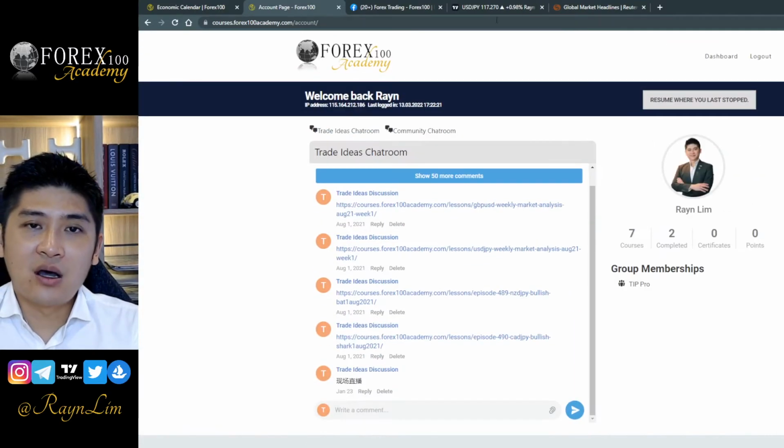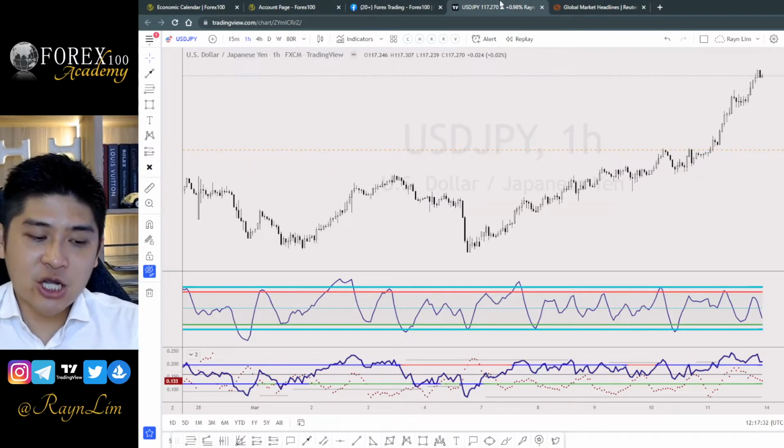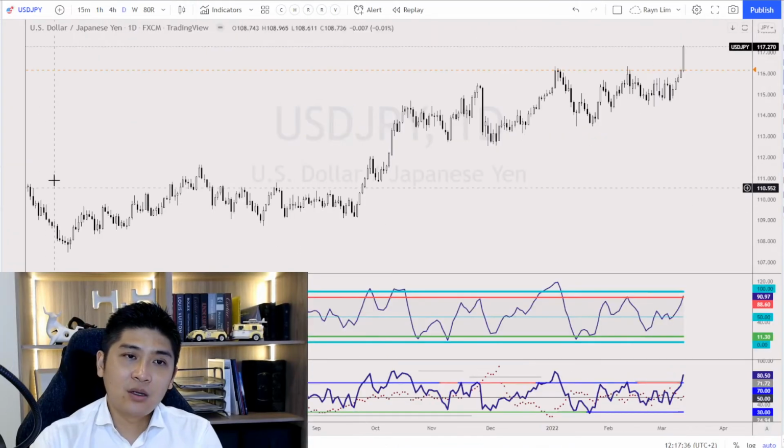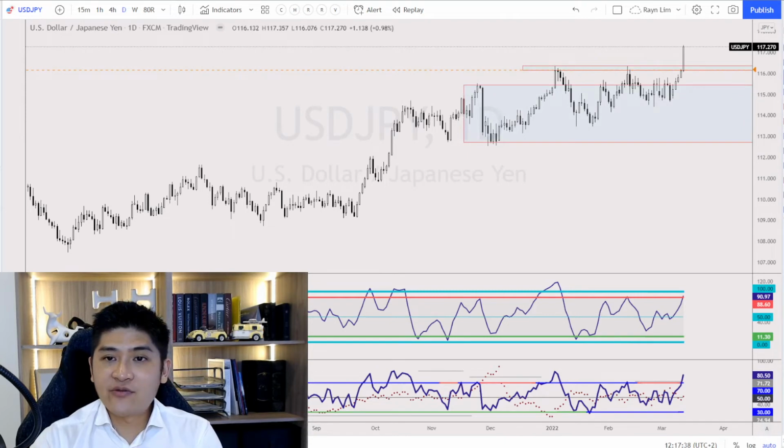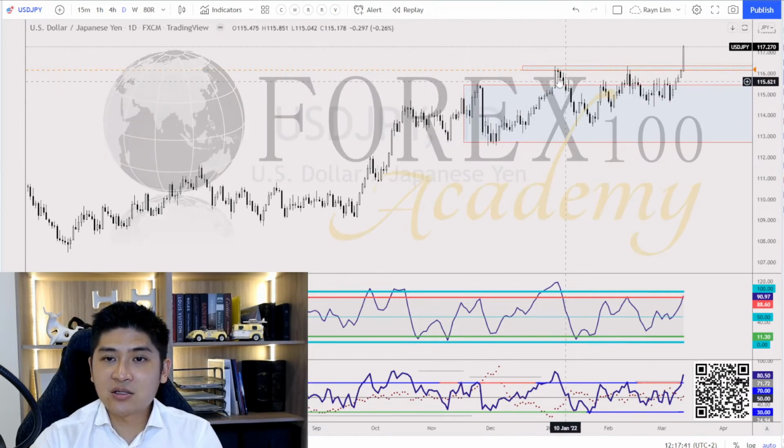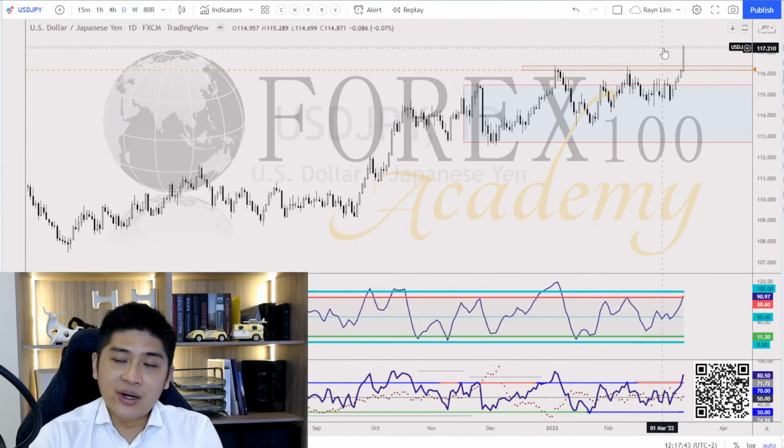All right, back to our daily chart. Let me just share with you my analysis over here. On the daily chart, what I have over here is rather simple. This is the buy zone, this is the demand zone. So what is the difference?